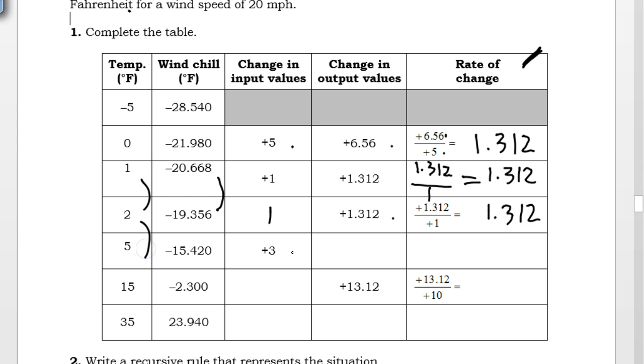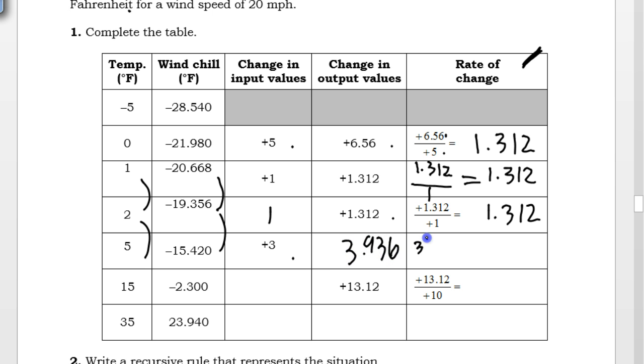Here it went up by 3. Let's see how much this one's going up by. So I have negative 15.42 minus negative, and that is 3.936.